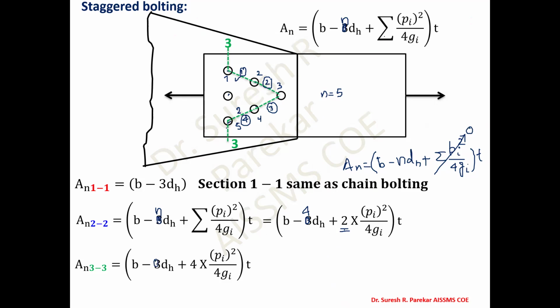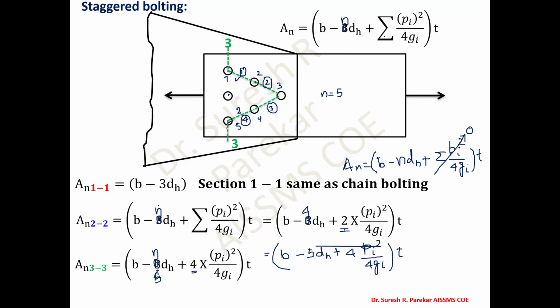This formula is actually n d_h plus 4 because it is staggered, summation p_i squared upon 4g_i. Number of bolts we have is 5. So this becomes b minus 5 into d_h, diameter of hole, plus 4 into p_i squared upon 4g_i, into t. Likewise, we have to find the net area along the critical section.